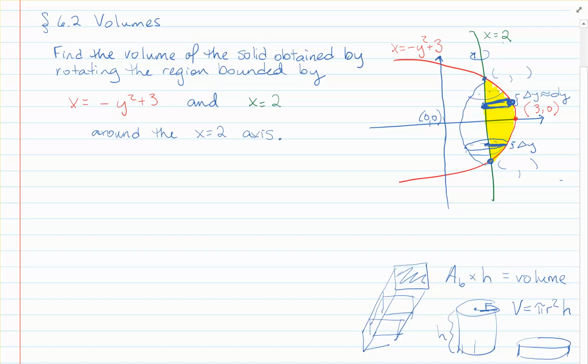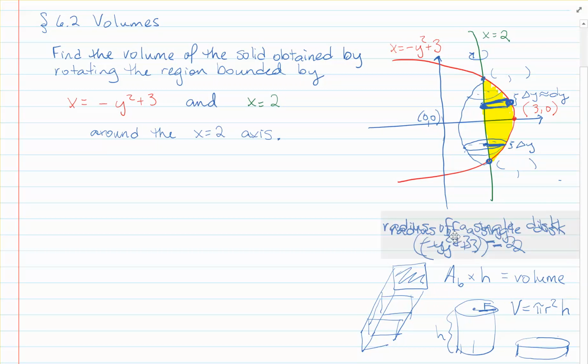So the radius of a single disk in this picture is the red function, negative y squared plus 3, minus the green function, 2, the difference between those. Sometimes you have one called f and the other called g. This would be f of y and g of y.